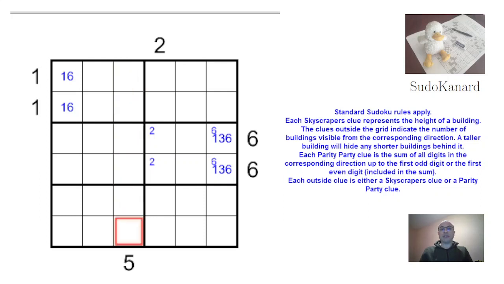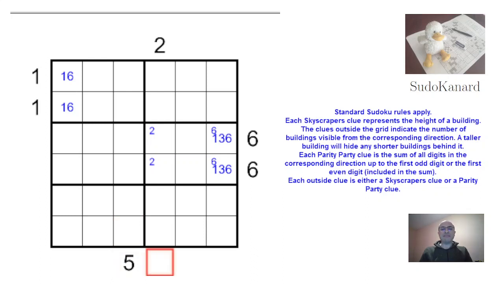So 5 here would have to be a parity party clue, and there would be several options. Just plain digit 5, or 2 and 3, or 1 and 4. So we would just know that this is not a 6, which is not very helpful. But this, if I put a 5 here, then this is parity party.